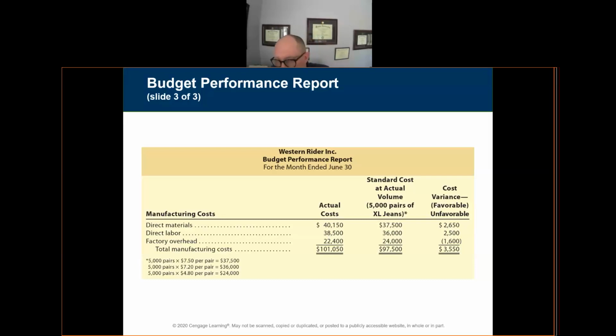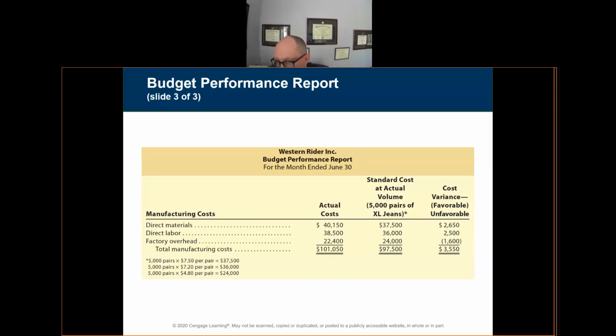So here's the breakdown. Direct materials. Actual cost was $40,150. We budgeted $37,500. That means we have an unfavorable variance for direct materials of $2,650. For direct labor, our actual came in at $38,500.